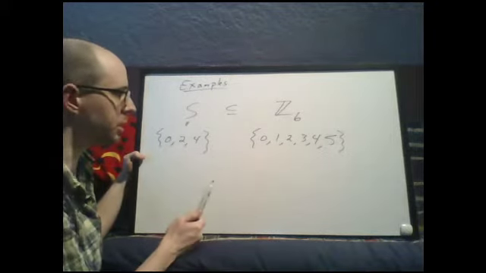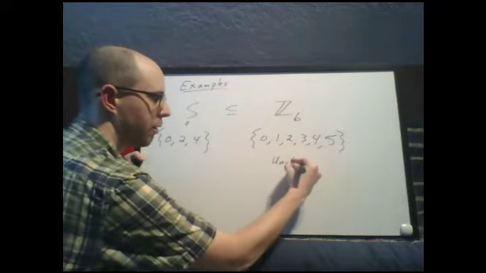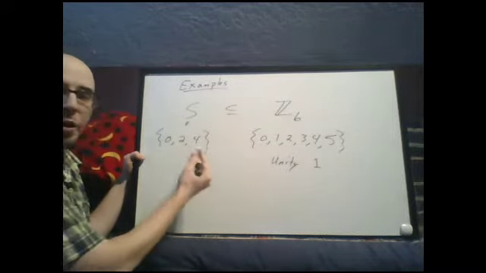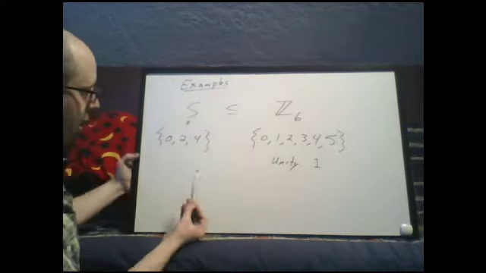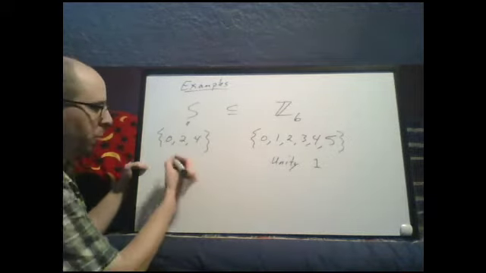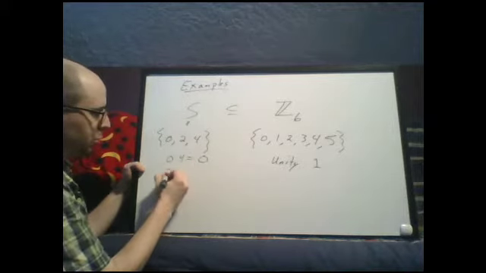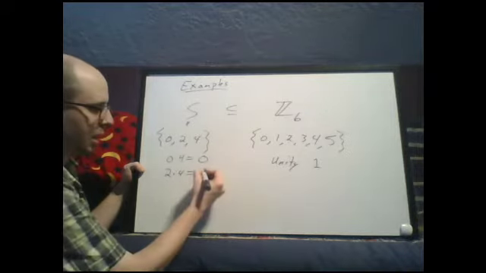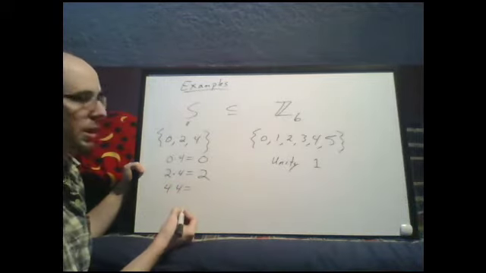But what I want to point out is, Z6 has unity 1. The unity element is 1. The multiplicative identity is 1. We don't have 1 in this subring. But on this subring, you can check what happens if I multiply by 4. 0 times 4 is 0. 2 times 4 is 8, but mod 6, that's 2. 4 times 4 is 16.